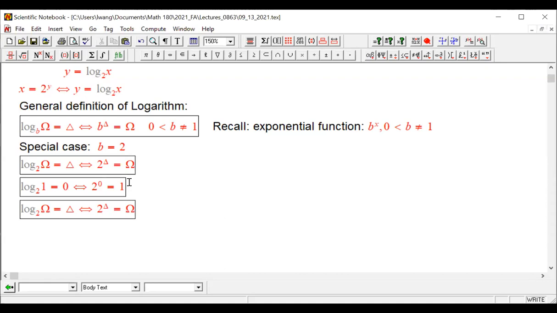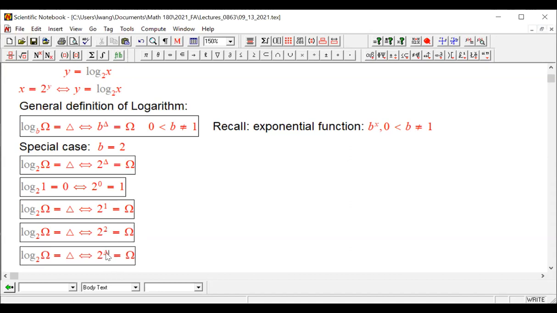I want you to work from the right to the left, okay? What does 2 to the power of 1 equal to? 2. Equals 2. So now I want you to put these other numbers in place.